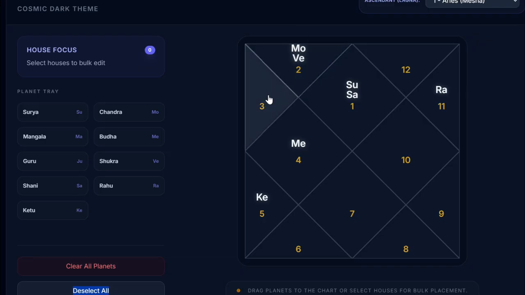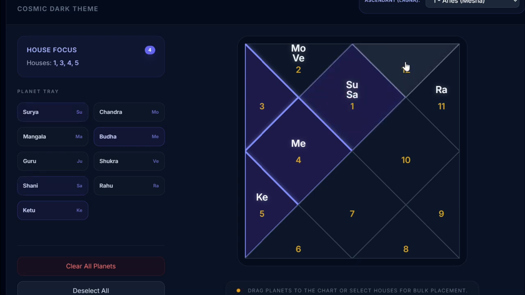For Moon, any planet placed in these three houses on this side and three houses on that side are its temporal friends. Where is Mars? Mars is still left, and Guru is also there.